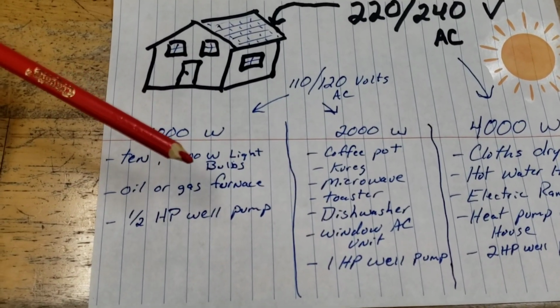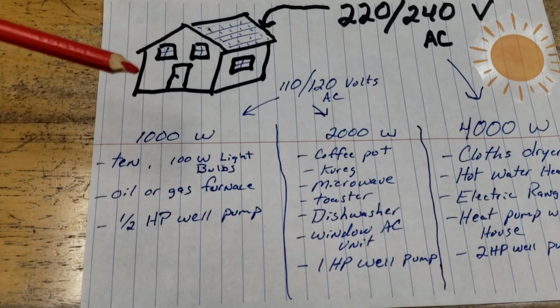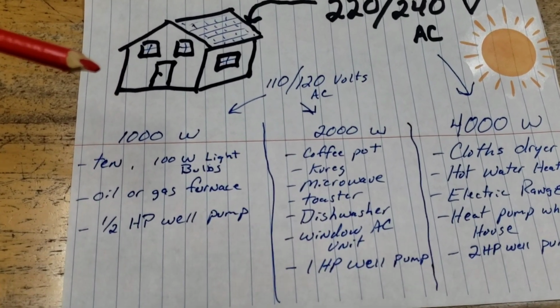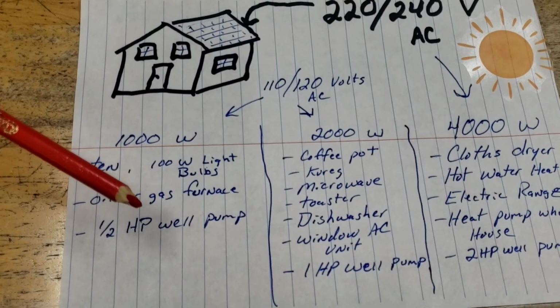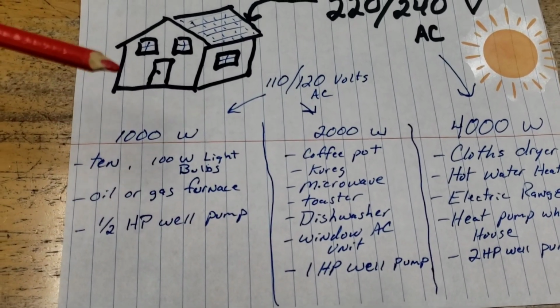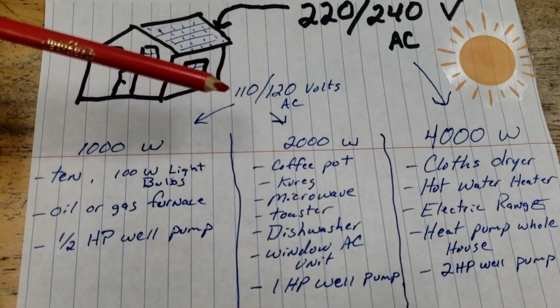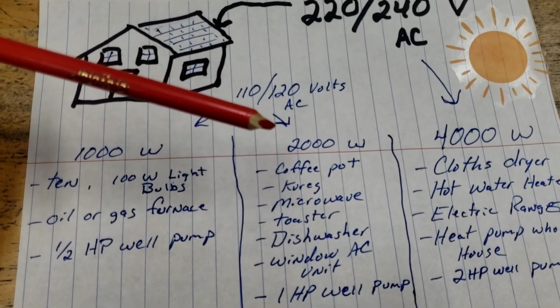So when we think watts, your gas or oil furnace probably runs around a 1,000-watt pull. It's 700, 1,200, depends on what you got. A half horsepower well pump will pull about 1,000 watts. These are all 110 appliances. And then 2,000 watts, let's double that.